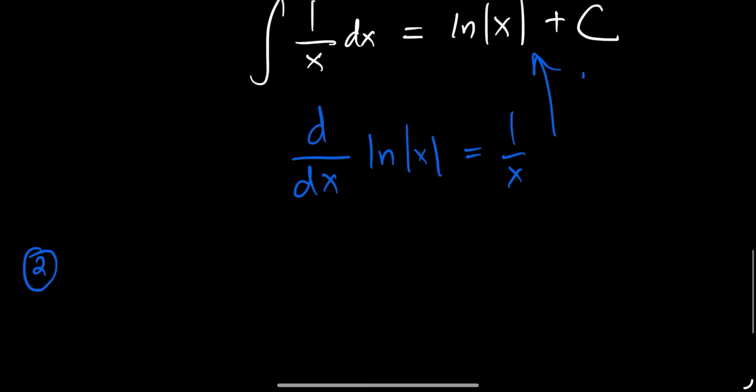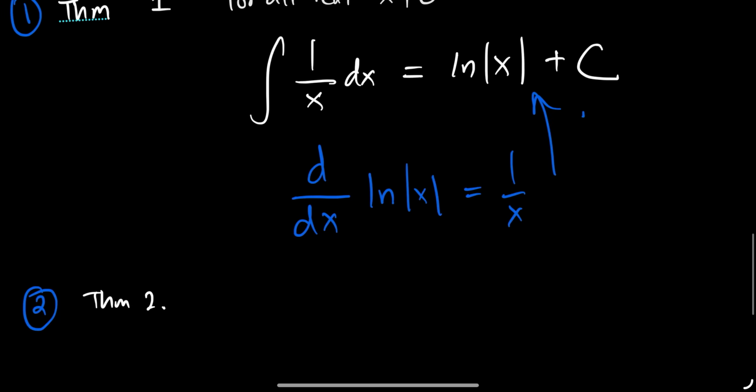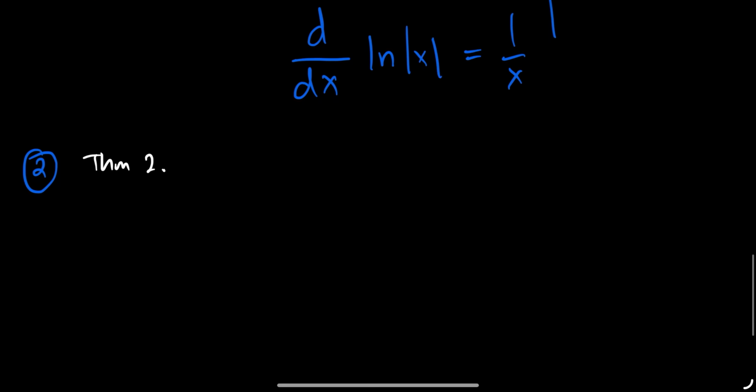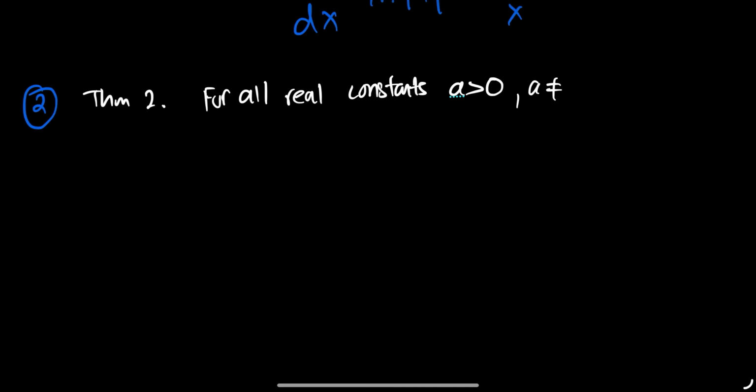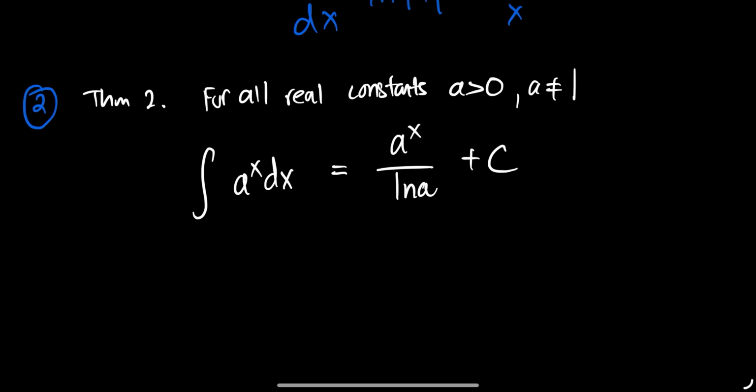This is the first one, and the second one is theorem 2. Theorem 2 states that for all real constants a greater than 0 and a not equal to 1, we know that the integral of a^x dx is equal to a^x over ln a plus c.